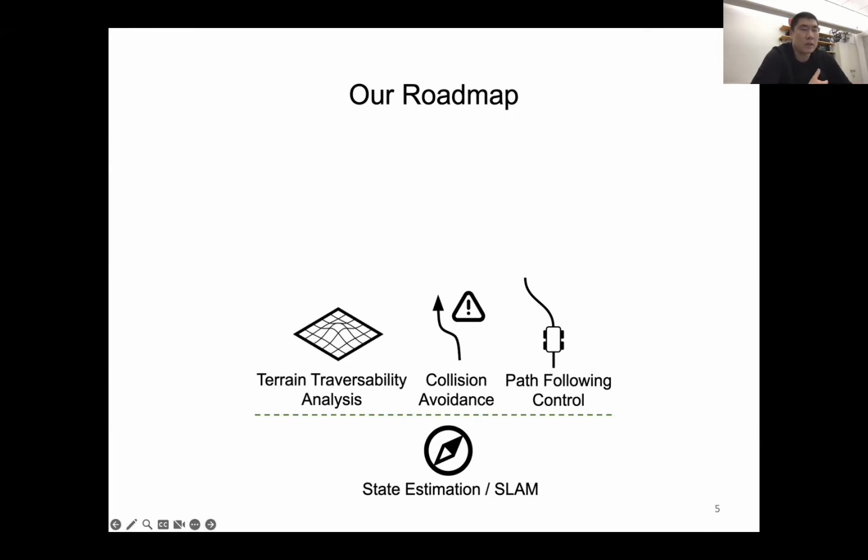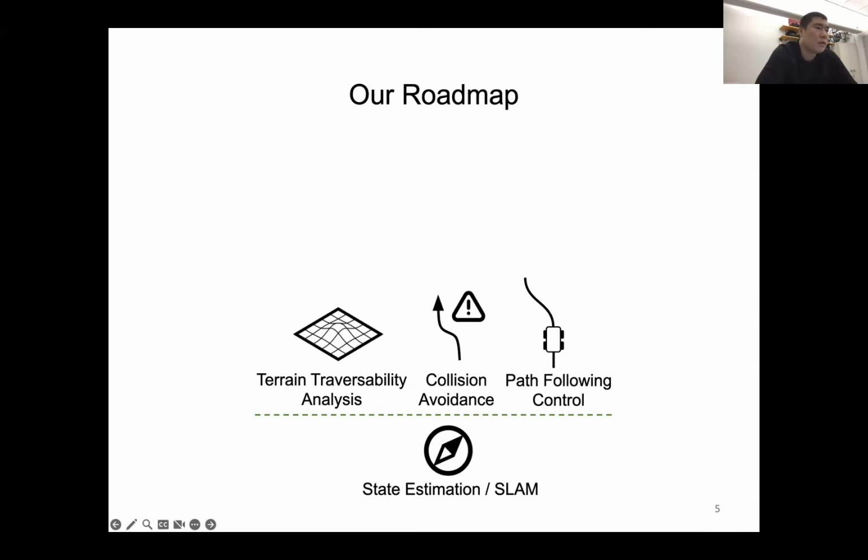It's just for ground vehicles. Aerial vehicles don't need to analyze the terrain because they don't touch the terrain. Aerial vehicles only need to know the free space. But ground vehicles, because they touch the ground, need to actively analyze where it is traversable and where it is not traversable. That's what we call terrain traversability analysis to segment the terrain.